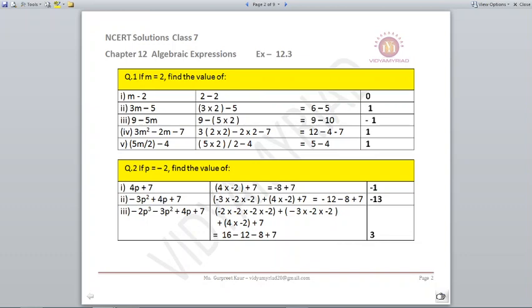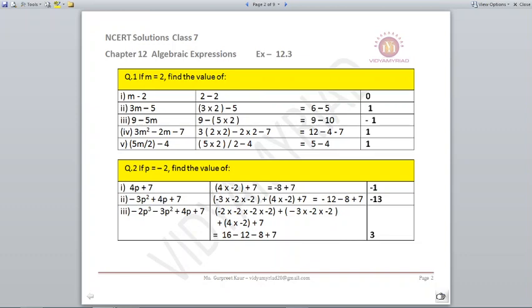Third part. Minus 2p cube minus 3p square plus 4p plus 7. Put everything in the bracket to avoid any sort of mistakes here. So minus 2 multiplied by p is 3 times. That means minus 2 into minus 2 into minus 2. Now how many minuses are there? 4 minuses. Just now I told you, when you have an odd number of minuses, your answer will be minus.